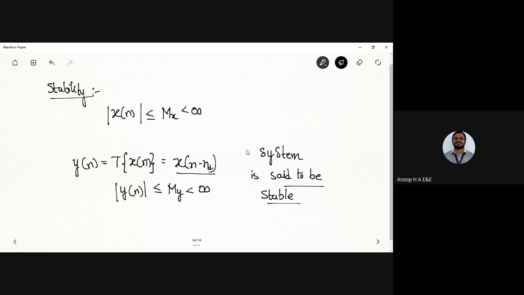What we did here is, depending on the condition of nd, we got to know certain things, that is, the causality of the system. Next, we had time invariance. It is entirely dependent on the value of nd. So that is causality of the system, and we got time invariance of the system also.